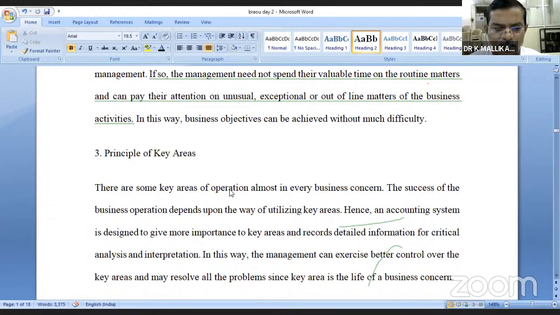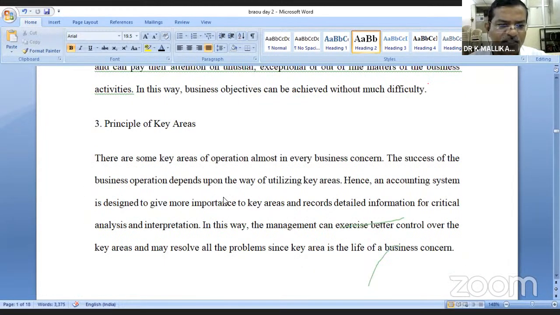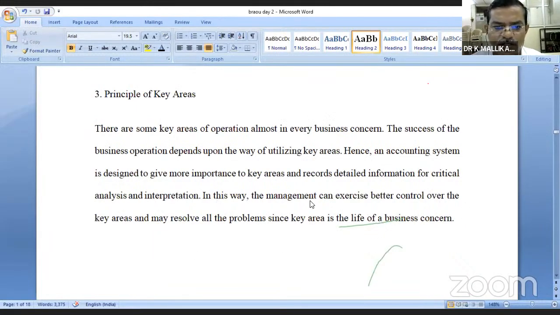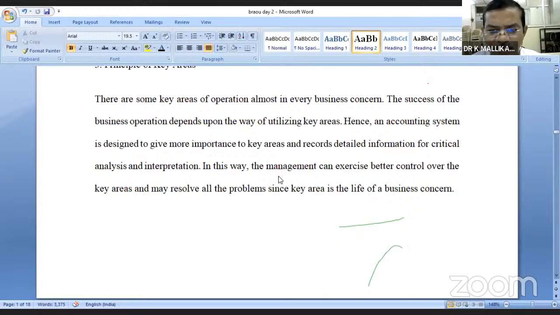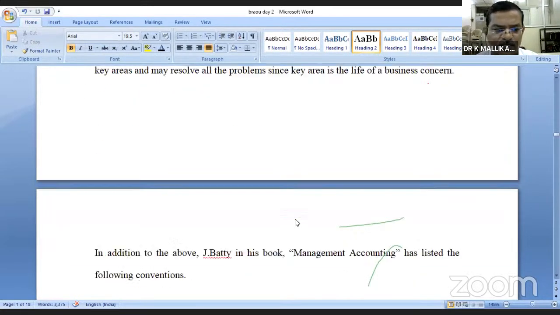In financial matters, there is EBIT and EPS analysis, the company's capital structure, and the company's cost of capital. These are the key aspects the company wants to know. In this way, management can exercise better control over the key areas and resolve the problems that arise in the life of a business concern.